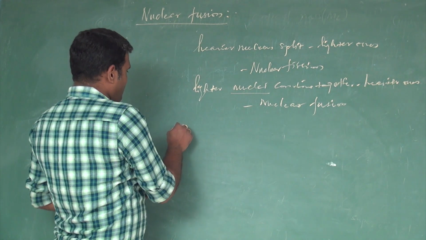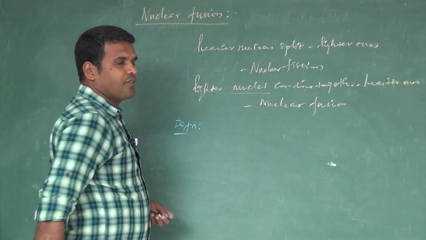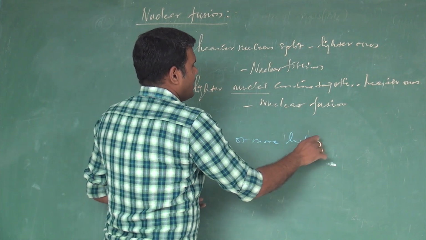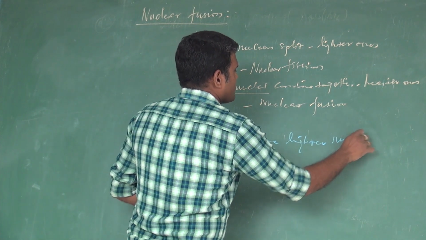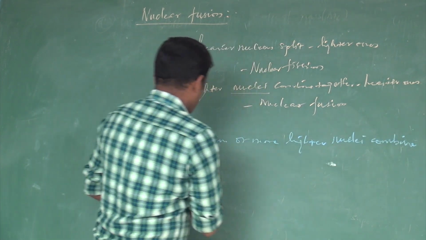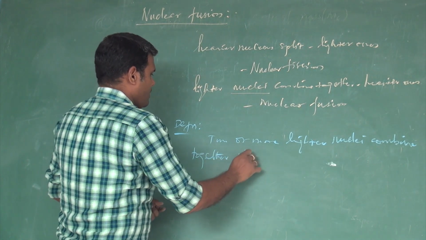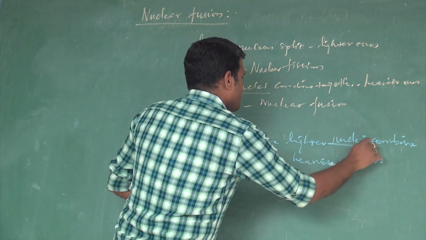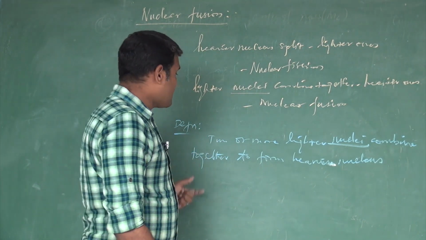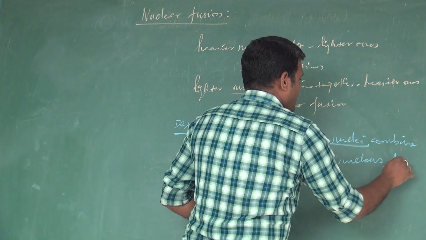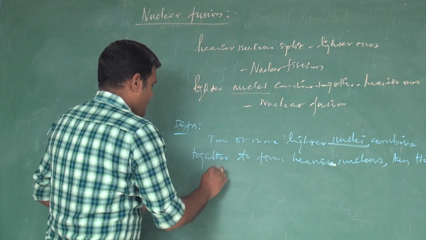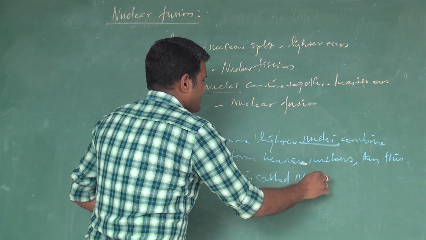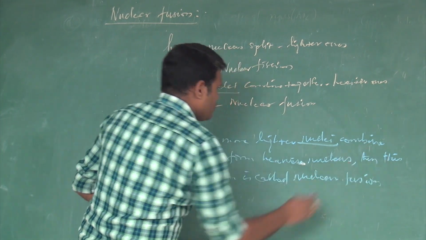What is nuclear fusion? I can define nuclear fusion here. Definition of nuclear fusion: if two or more lighter nuclei combine together to form a heavier nucleus, then this phenomenon is called nuclear fusion.